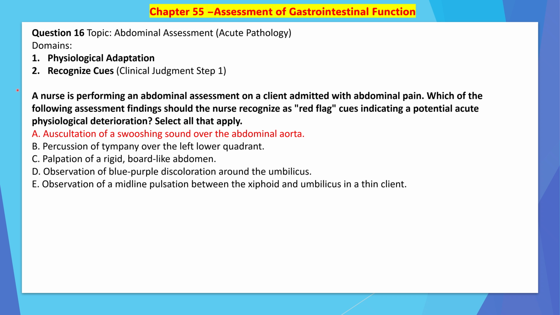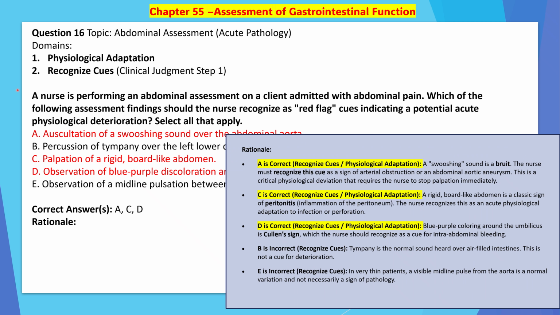The correct answers are auscultation of a swishing sound over the abdominal aorta, palpation of a rigid board-like abdomen, and observation of a blue-purple discoloration around the umbilicus. They are correct because a swishing sound is a bruit.